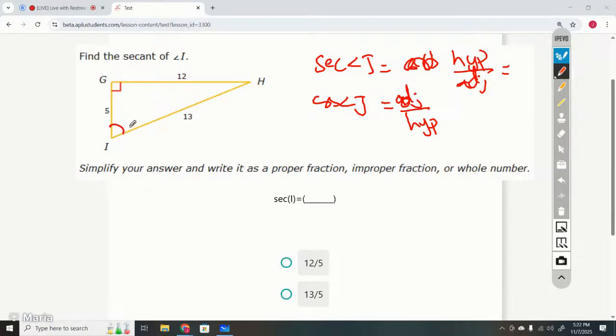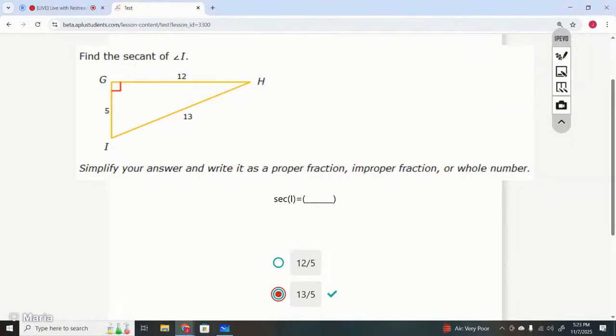So hypotenuse is 13 over 5 it is. That is 13 by 5. Option number 2 is the correct option.